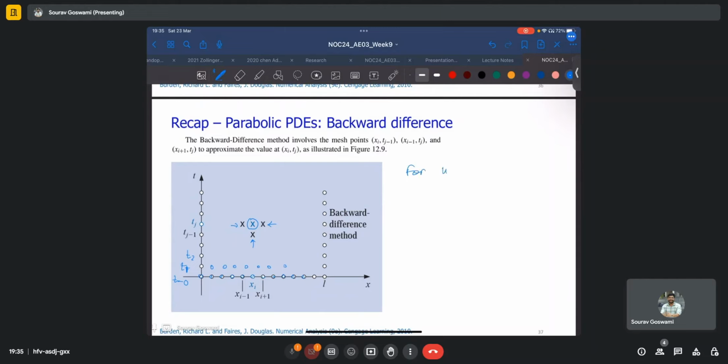So for u at xi comma tj, we need this one, which is known, which is u of xi comma tj minus 1. But the other ones are not known. That is u of xi minus 1 comma tj and u of xi plus 1 comma tj.